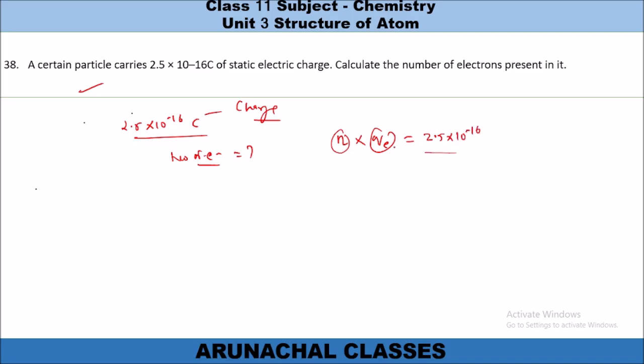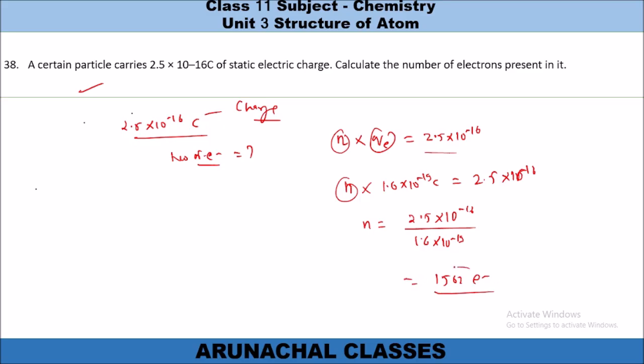The single electron charge is 1.6 into 10 power minus 19 coulomb, so n times this equals 2.5 into 10 power minus 16. So it will be solved now. N equals 2.5 into 10 power minus 16 divided by 1.6 into 10 power minus 19. After solving, we will get 1562 electrons. So these many electrons will be present there.